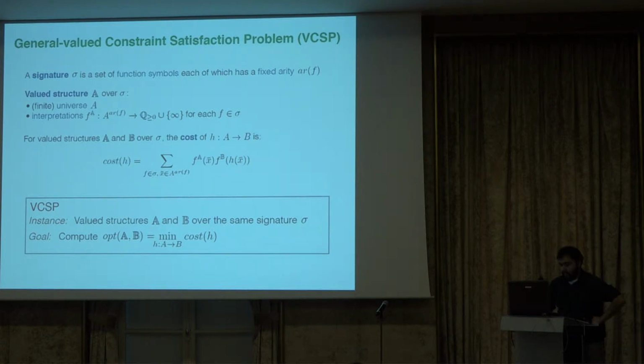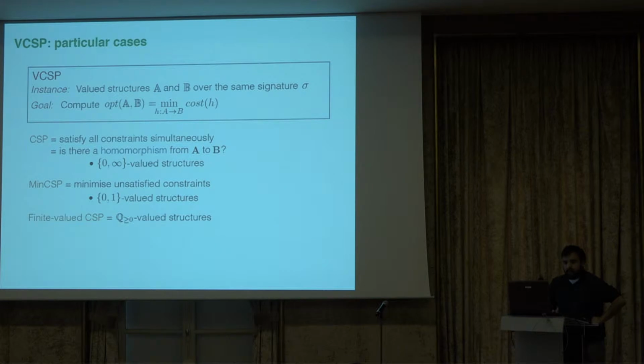There are many particular cases of this problem. The first one is the CSP itself. In the CSP, we want to satisfy all constraints simultaneously, which is the same as asking for the existence of a homomorphism from a relational structure A to a relational structure B. To encode this problem, we can just use zero-infinity valued structures. It's not very difficult.